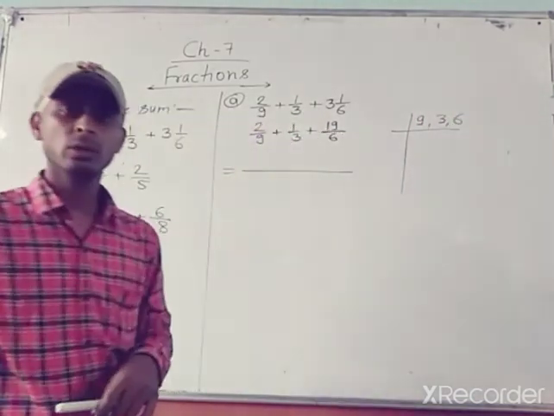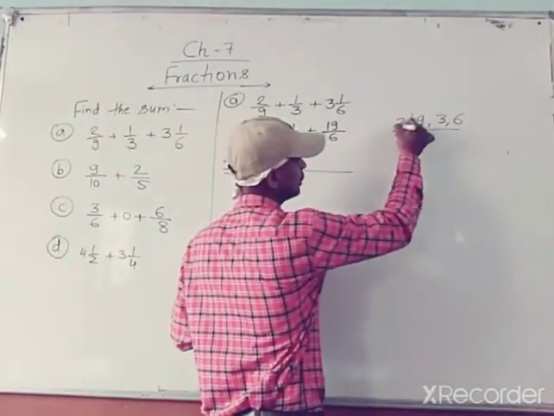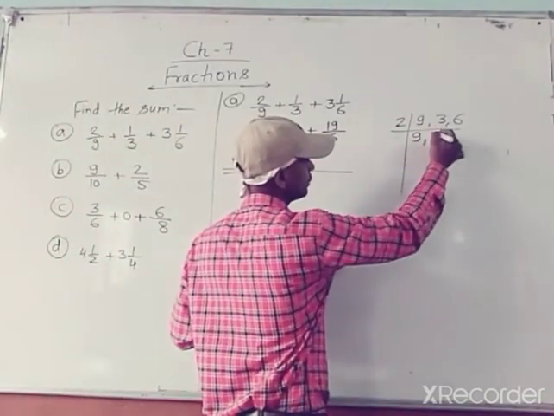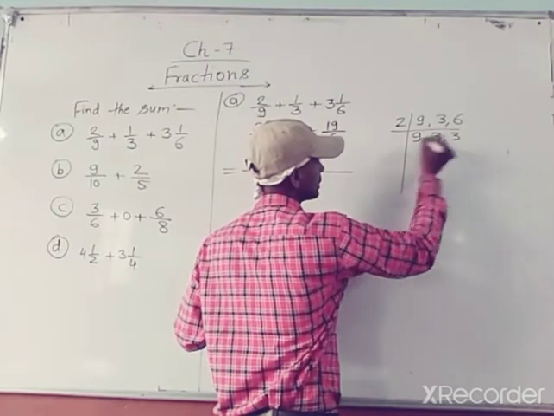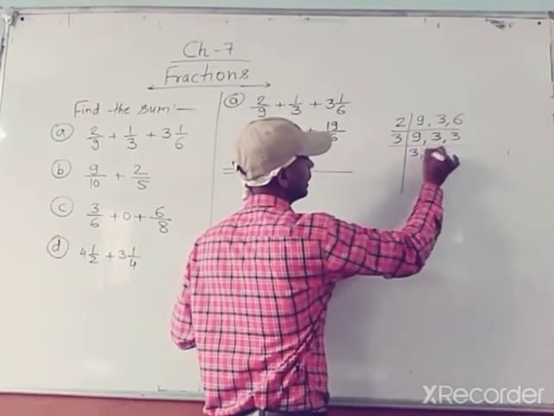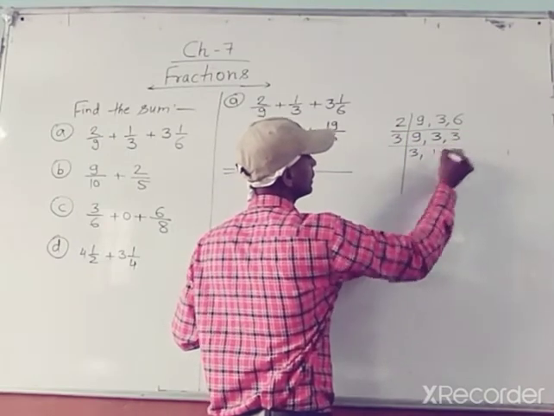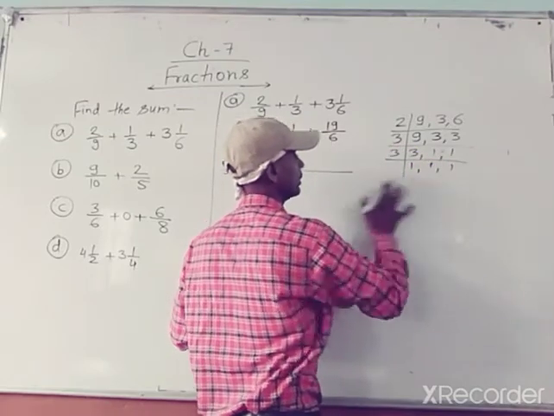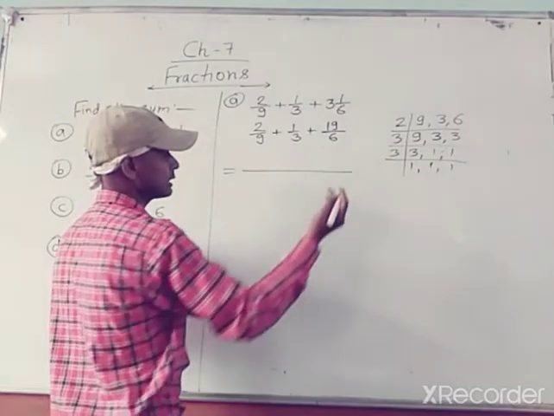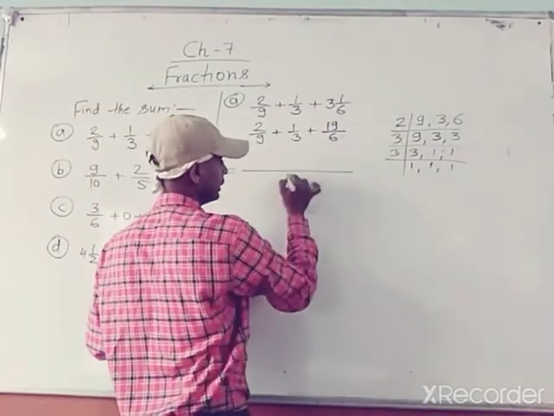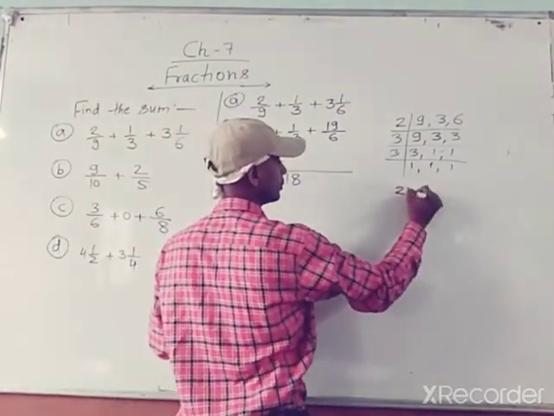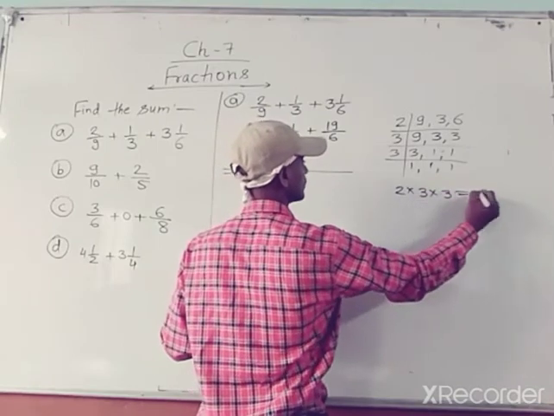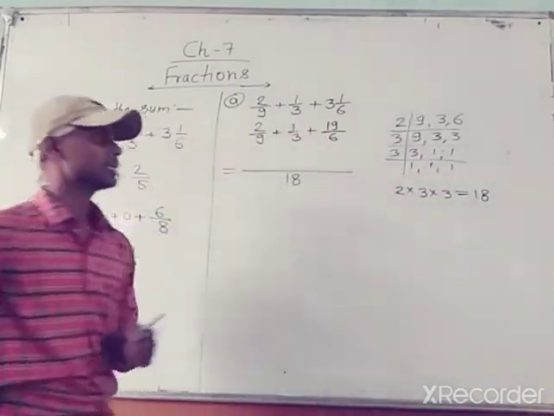Okay, so you know how to find LCM. 2 is multiplied, 9 by 2, 3 by 2 is 6, then 3 3 is 9, 3 1 is 3, and 3 1 is 3 again, and then next 1, 1 and 1. So the LCM is 3 3 is 9, 2 is 18. LCM of 9, 3 and 6 is 18.